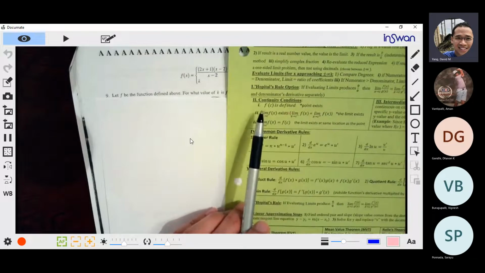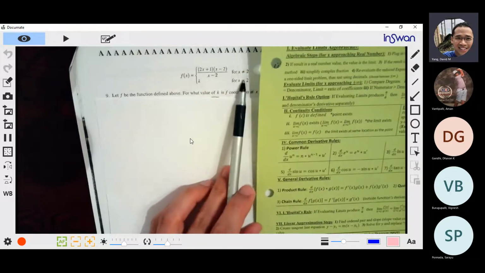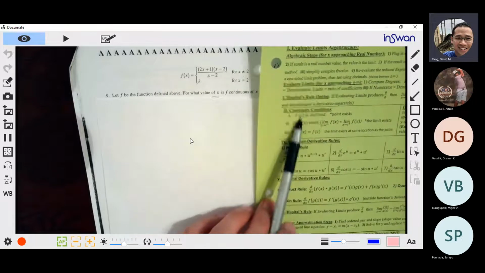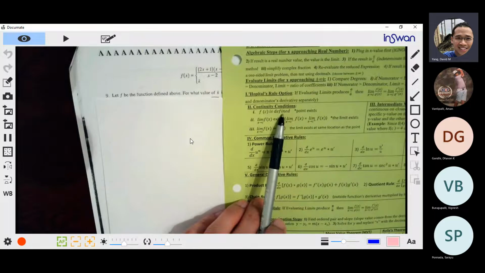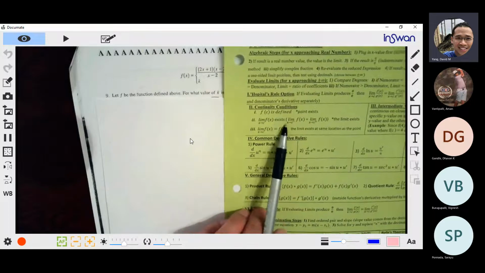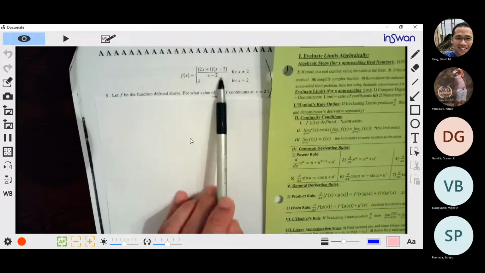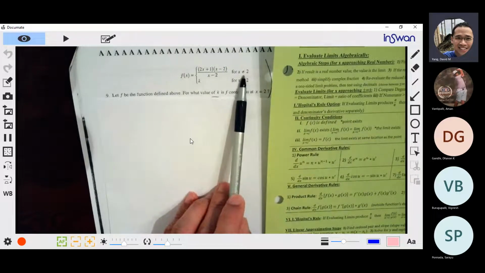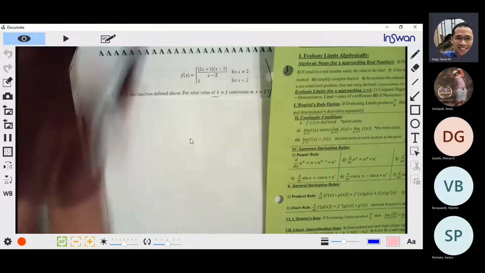First condition is, does the point exist? Okay, so the target c value is 2. So we find out, does the point exist? Second, we see, does the limit exist? Here, notice that this x doesn't equal 2 means that this is really where the connected part of the graph is.